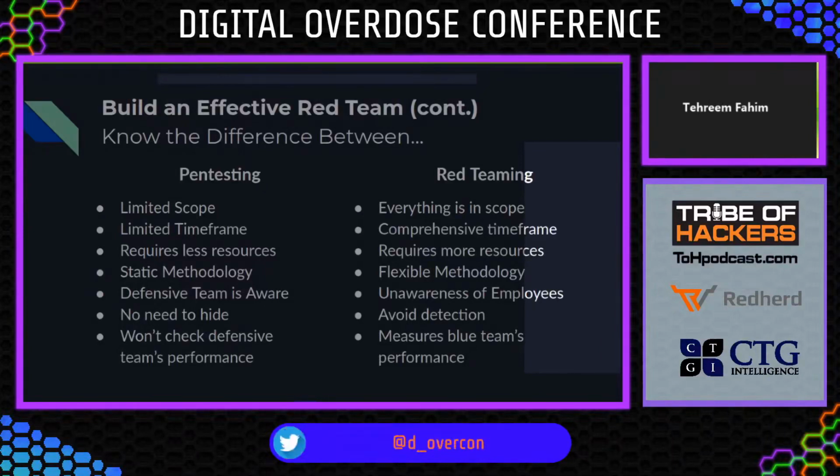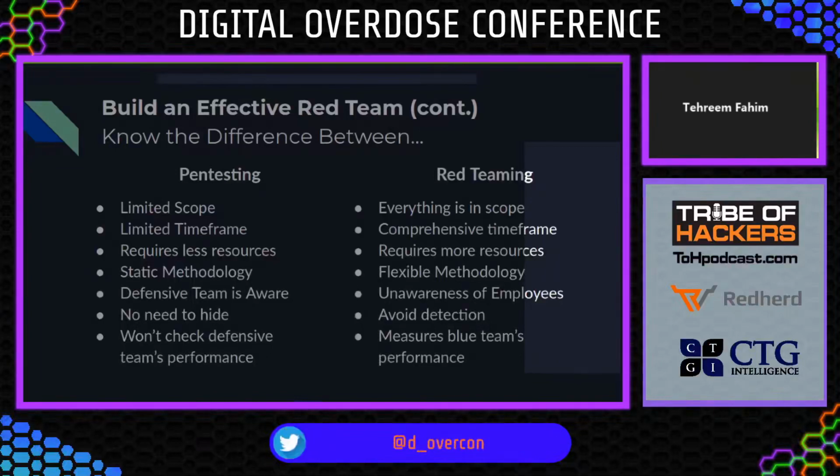Pen testing is done in limited time, while red teaming exercises require a lot of time as compared to pen testing. In pen testing, we require fewer resources and the methodology is static. The defensive team knows when the attack is going to happen, so the attacker feels no need to hide themselves or the attack. So ultimately, they are unable to measure the performance of security measures done by the defensive team.